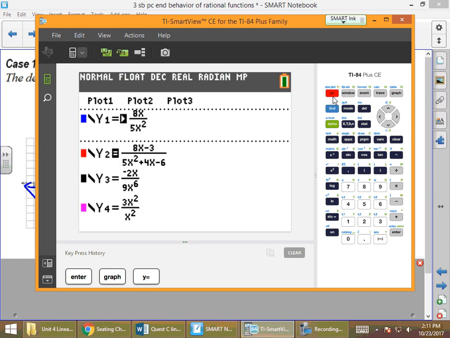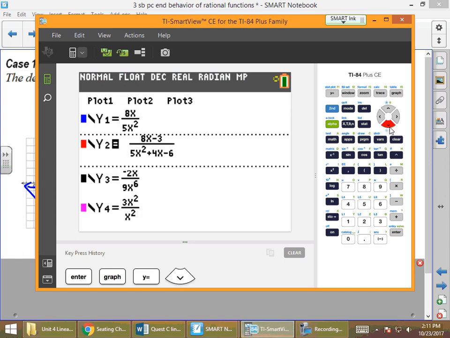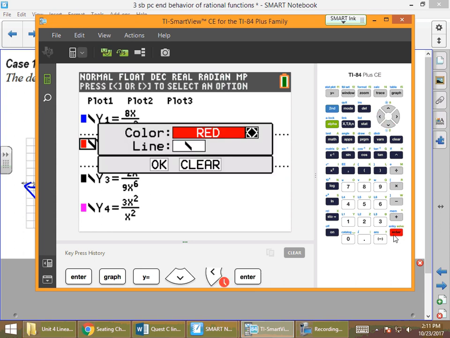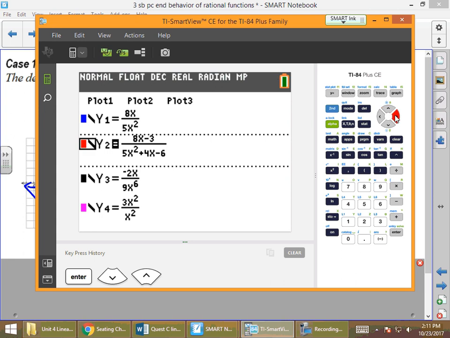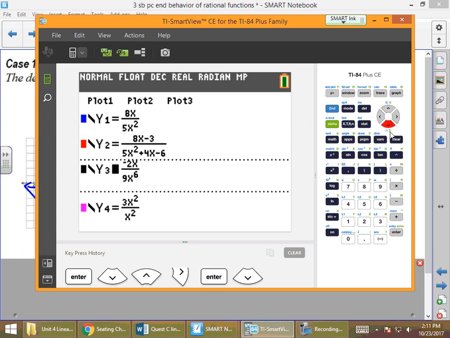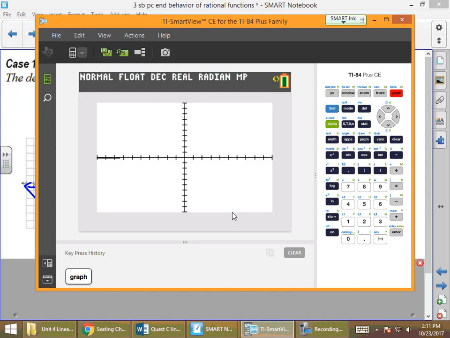Or we try one more. Hopefully it won't take me as long. In this one in particular, it looks like the graph is on the x-axis, but it really isn't.